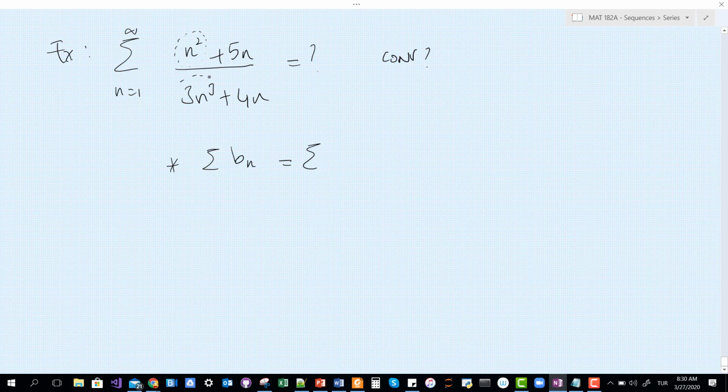The highest degree term in my original series. If I choose either with the coefficient or without the coefficient, it's up to you. I'm going to go without the coefficient. n squared over n cubed. I can choose in this way. So it is going to be a 1 over n type of series, right? So let me try it, okay, to see if it works.